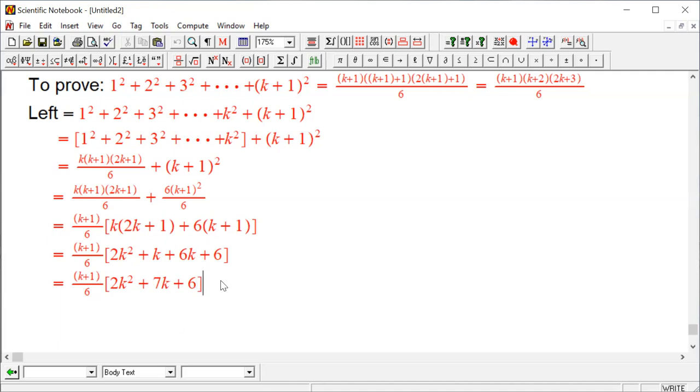And can we factor that? Of course. So this will be factored into exactly k plus 2 times 2k plus 3.